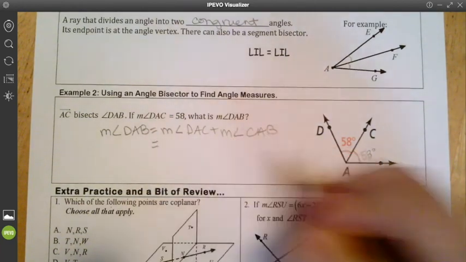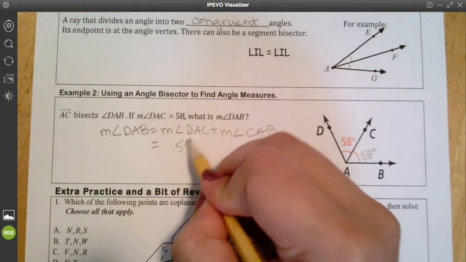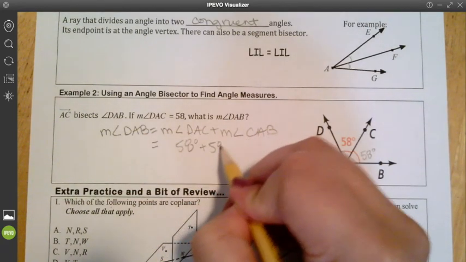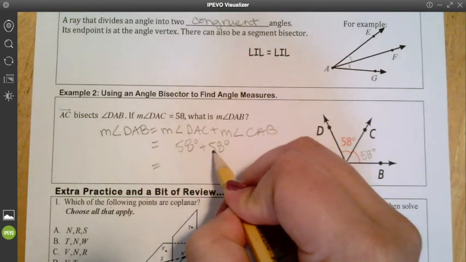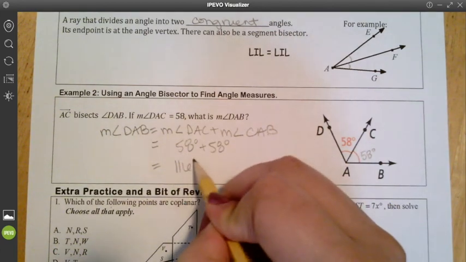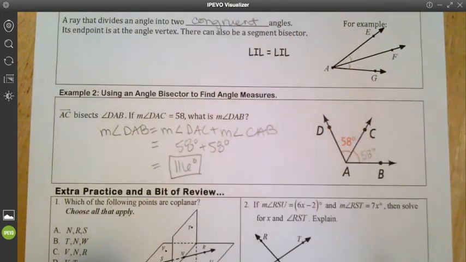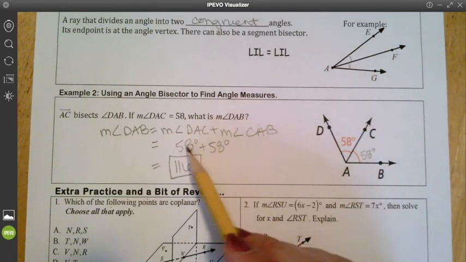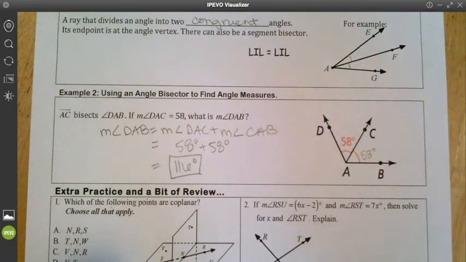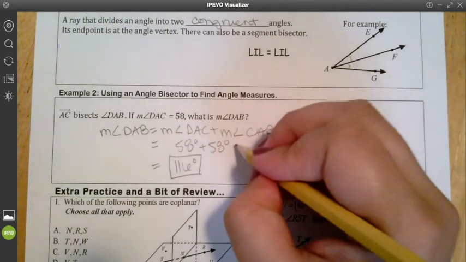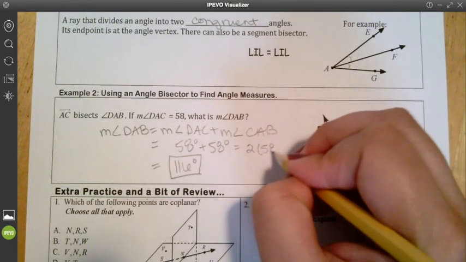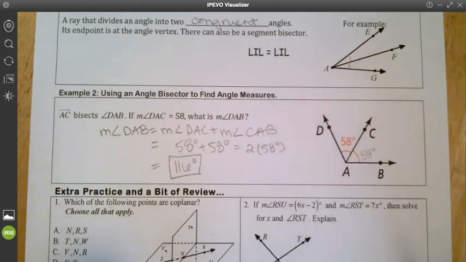And so we can say 58 plus 58, which is 116. Because they're congruent, you can also say they have the same measurement, so it's 2 times 58. Notice it's the same. If I add 58 plus 58, it's the same as 2 times 58. We have two angles with the same measurement.